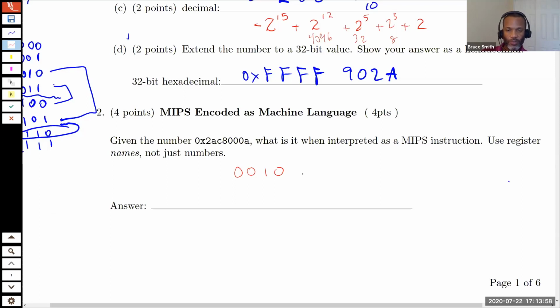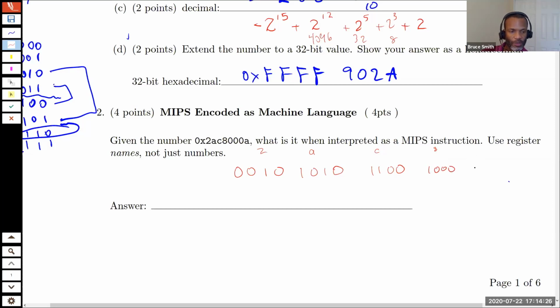There's my 2. And then there's a 10, which is an 8 and a 2. So there's my A, there's my 2, and I need a C. So 10 is an A, B, C, 11, 12. So this is a 12, which is an 8 and a 4. And then this is an 8 here.